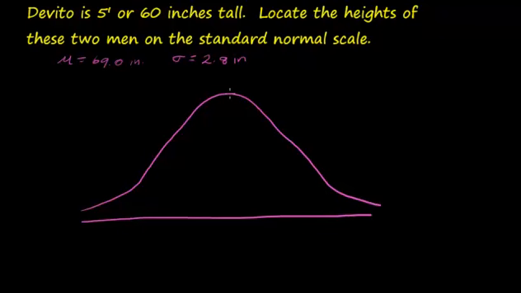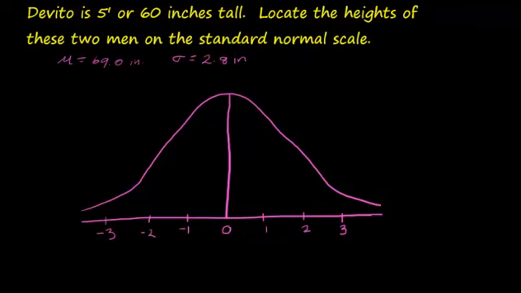Peak in the middle, and on the standard normal curve the mean is 0, and then we come out 1 standard deviation, 2 standard deviations, 3 standard deviations. It does continue, but the area is so tiny out here that it's not really practical to go beyond that. And below 1 standard deviation, below 2, and below 3.